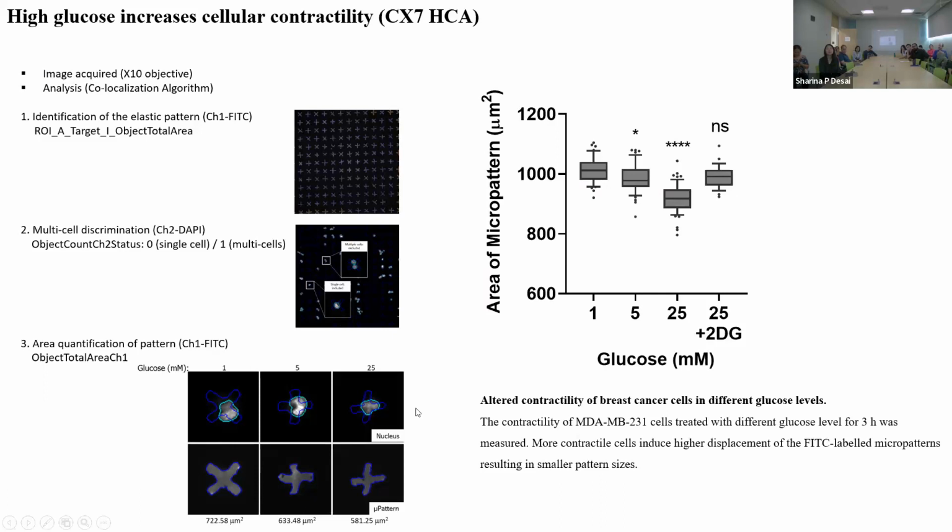More contractility results in higher displacement of the micropattern, and this leads to a smaller size of the pattern. To measure the area of these patterns, I used the CX7 system and performed the following analysis. My purpose was to quantify the area of the pattern to reach single cell variability, so I used a localization algorithm for that.